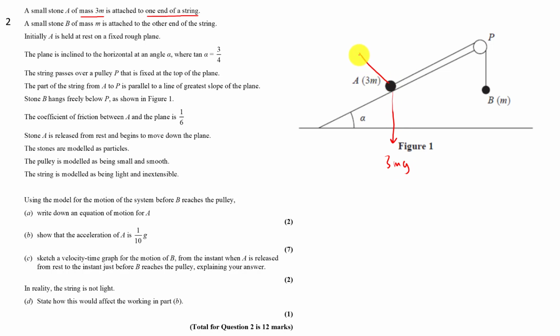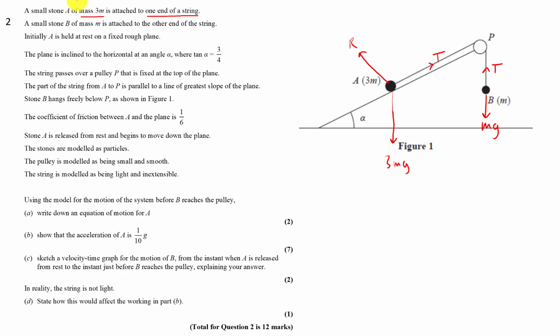Now remember the normal reaction going perpendicular to the plane, that's R. Now you've got a string, so your tension is going this way, and if this weight is pulling this down, you're going to have tension going up the string. A small stone B of mass m is attached to the other end of the string, so we're going to write mg here.